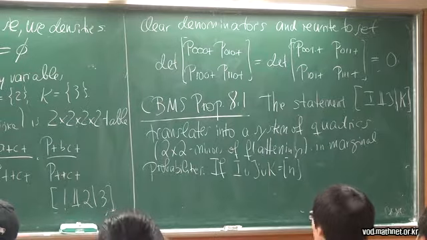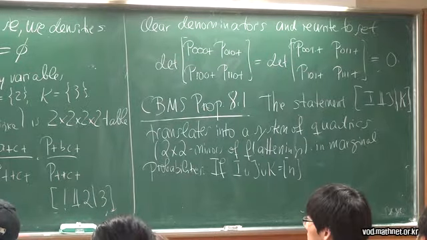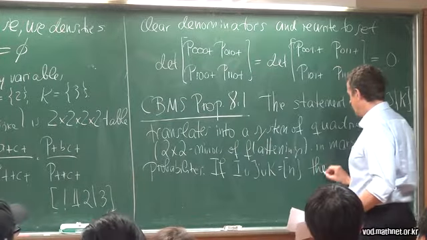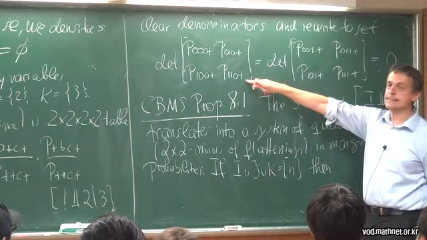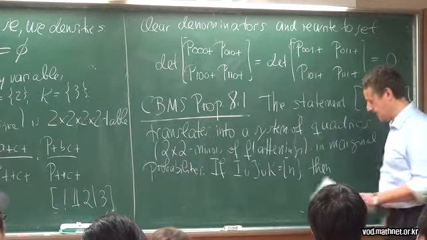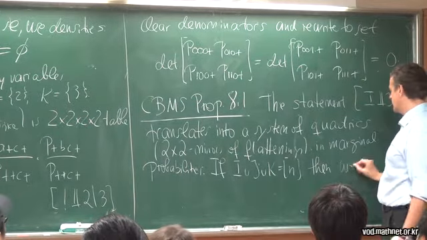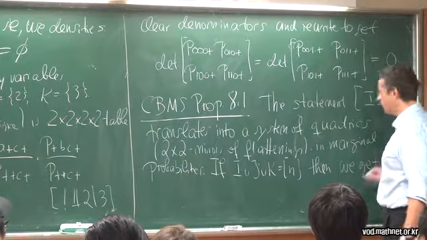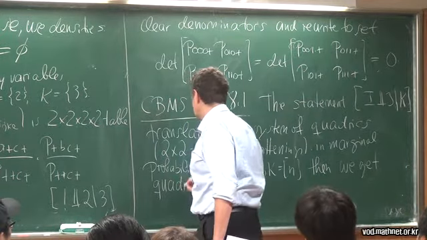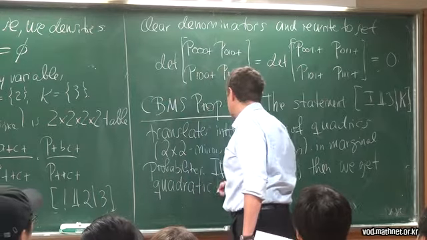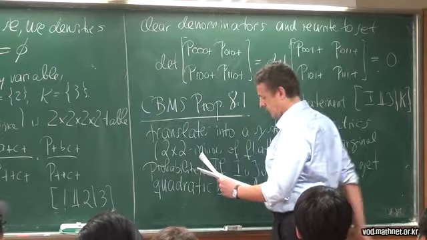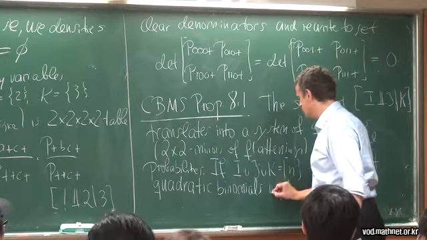If their union is the whole set, then something nice happens. Then there are no pluses anywhere. Then you don't see any pluses. Then we get quadratic binomials. We get quadratic binomials in the probabilities.